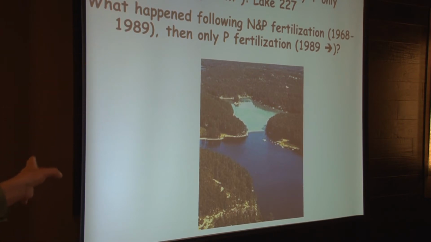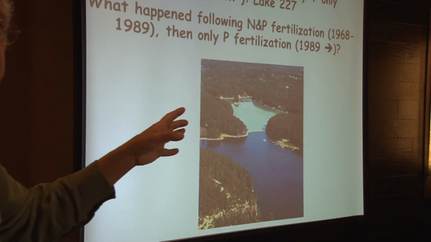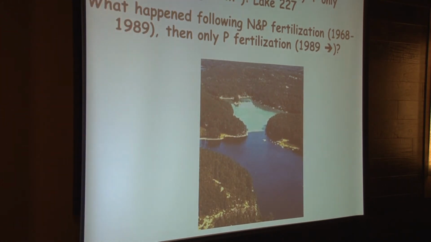This is a 35-year data set where they manipulated Lake 227, an experimental lake, with N and P additions, and then looked at the system response in terms of fertilization.